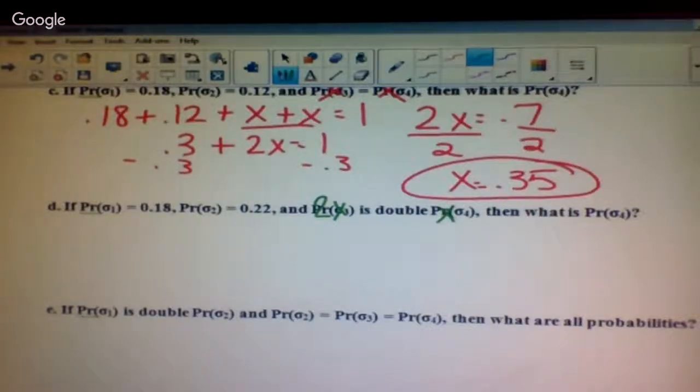So, you would assign that X. Then go back from there and assign, if 3 is double that, it means it's 2 times it. So now we've got event 1 and event 2 plus event 3 plus event 4 equals 1. So when I combine like terms, I get 0.3.